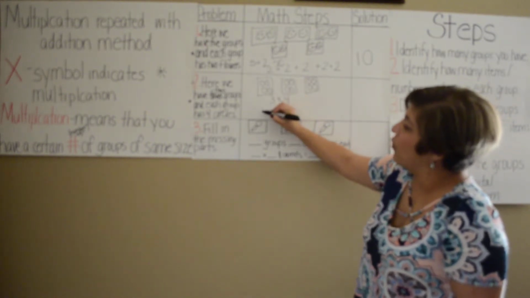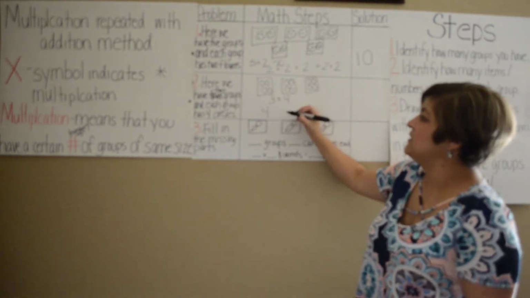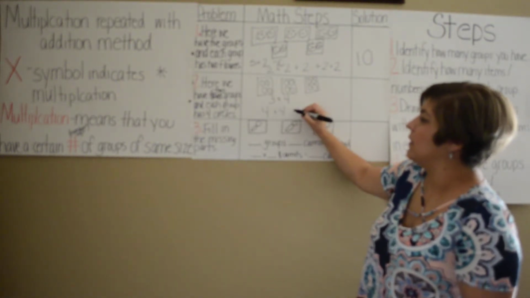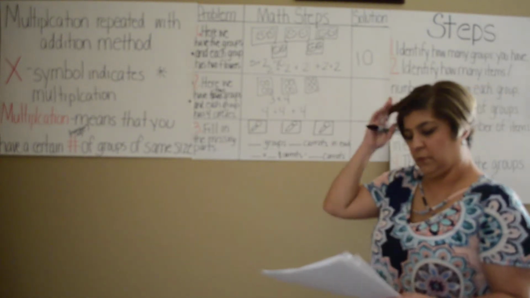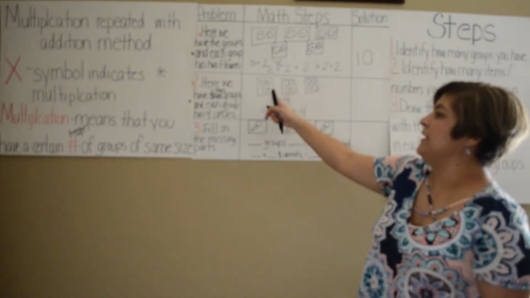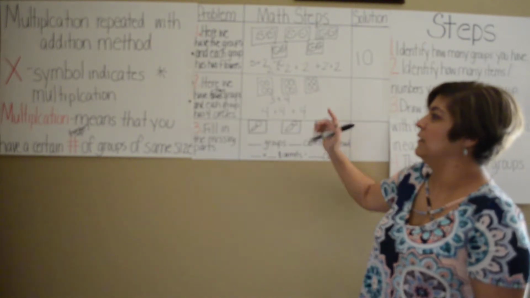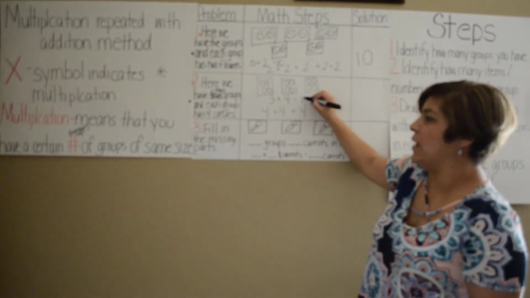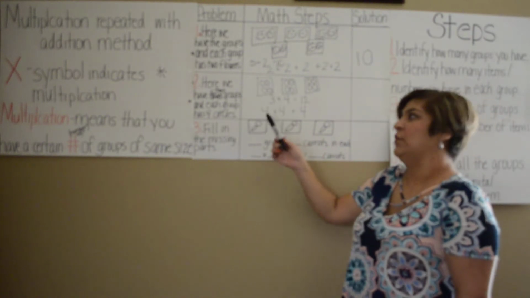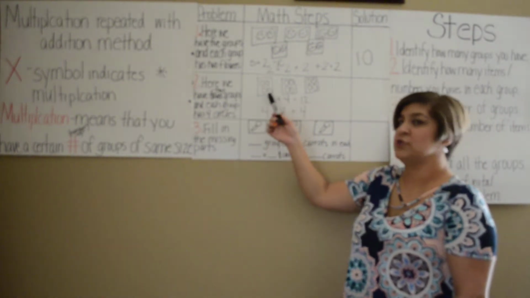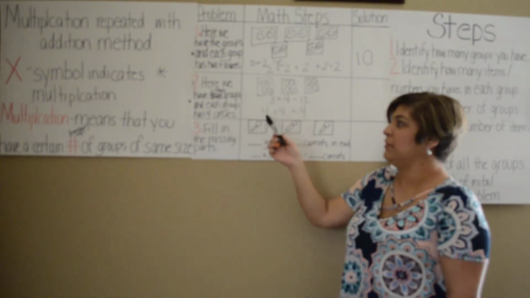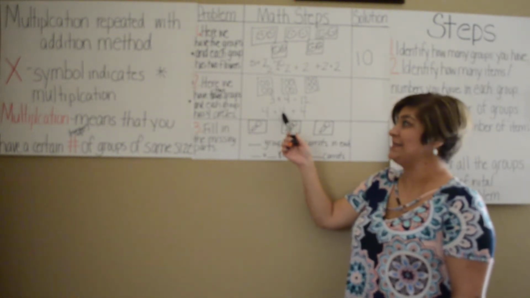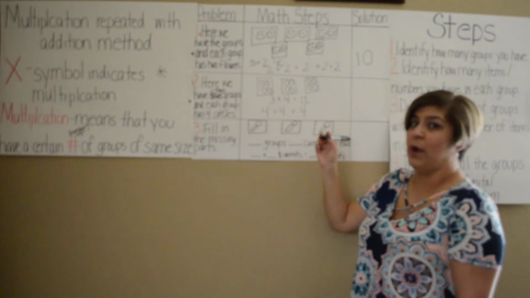So we would do 4 plus 4 plus 4. So we know that 3 times 4 equals 12. We can also add all 4 circles in each group to get our answer. So we know that 4 plus 4 is 8. 8 plus 4 is 12.